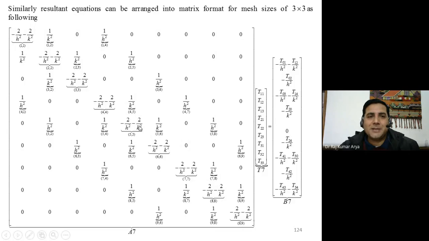Then we will think. Now you see your fourth diagonal. The fourth diagonal is the same, no doubt in that. You see everywhere 1 by h square, 1 by h square. So no change here. The fourth diagonal is this is 5, this is 7, this is 9, this is 11, this is 13, this is your 15.